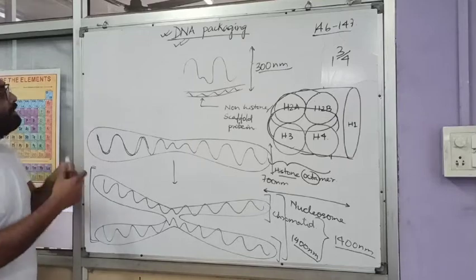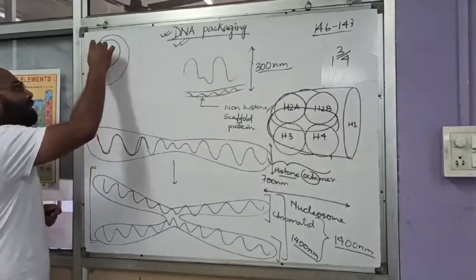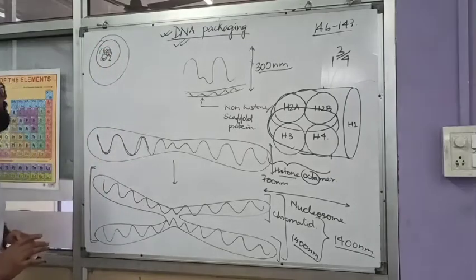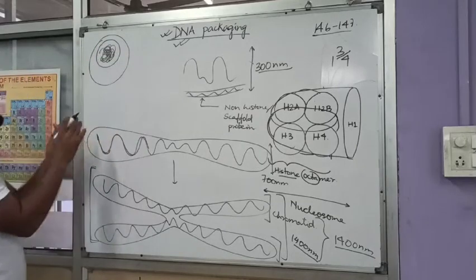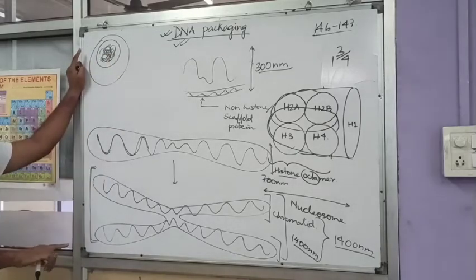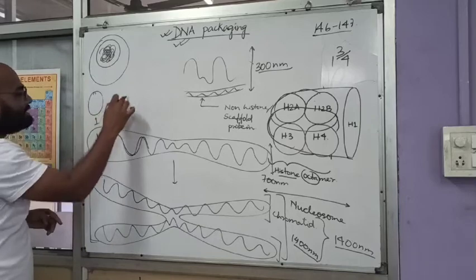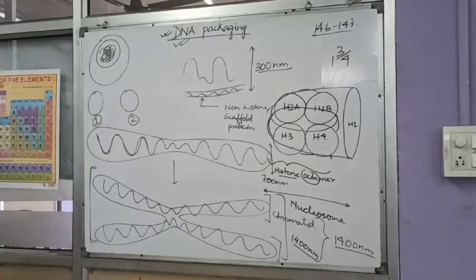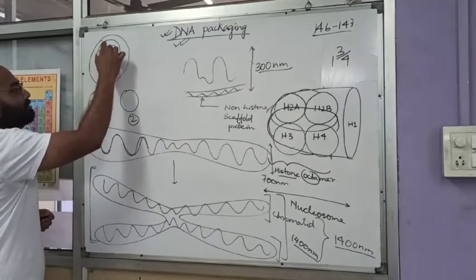So if this is a cell, this is the nucleus, whatever the material, if it has not been doubled, or even if it has been doubled now, you cannot differentiate the two molecules easily. You cannot differentiate which part will go to cell number 1, which part will go to cell number 2. For this anomaly, it arranges itself according to chromosome number.